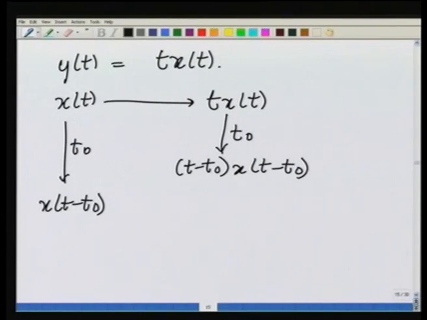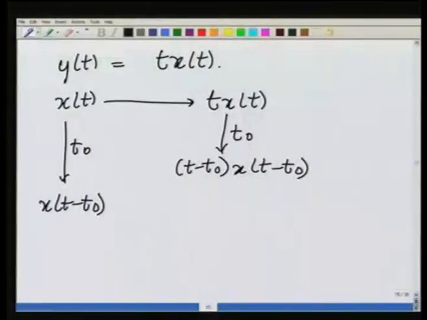So, that is what we would get if we time shifted the output of the original signal. The original signal is x(t), applied through the system we get t x(t), time shifted we get (t minus t naught) x(t minus t naught).